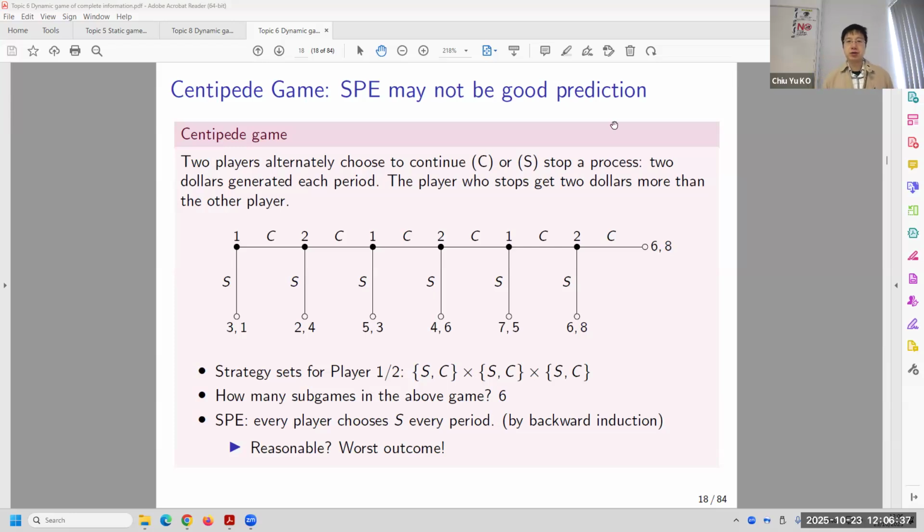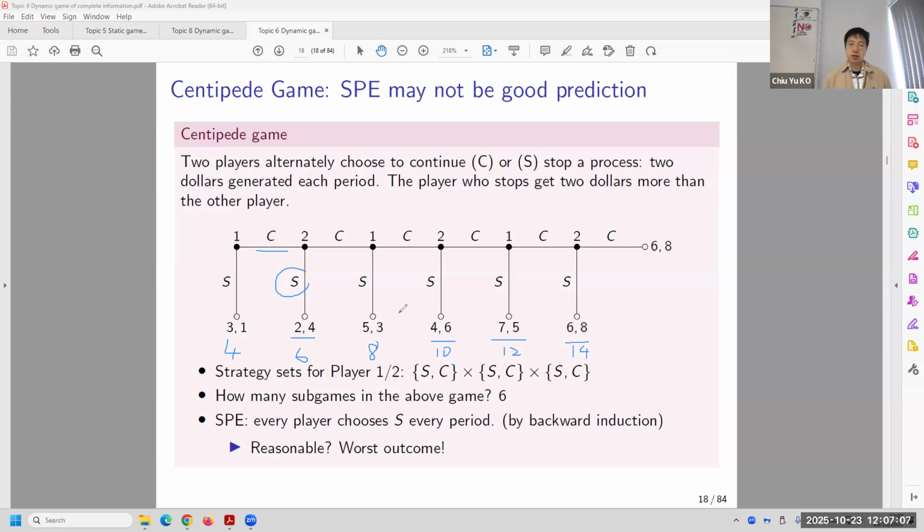If player 1 continues and player 2 calls stop, player 1 gets 1, player 2 gets 4, because now the total becomes $6 instead of 4. Then 8, 10, 12, and whatever, 14.